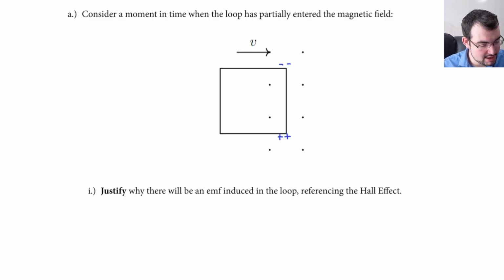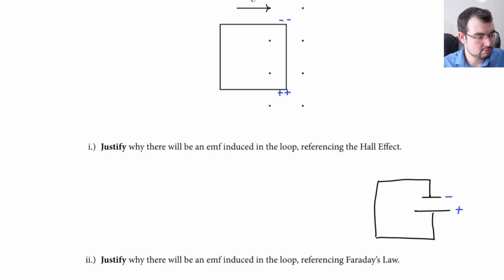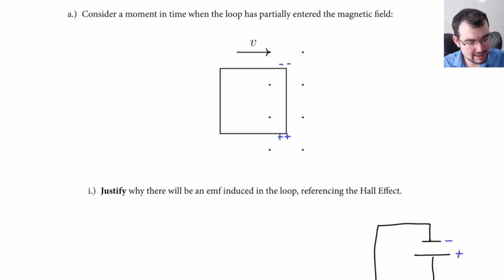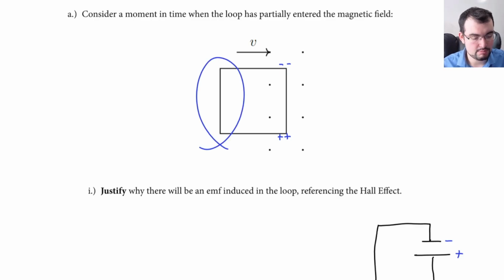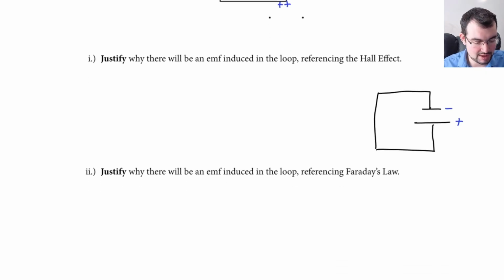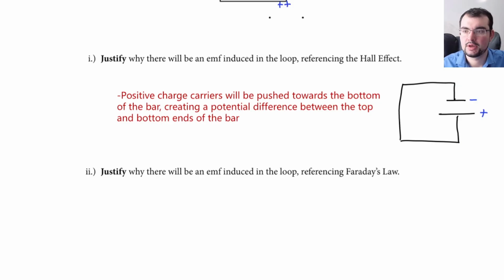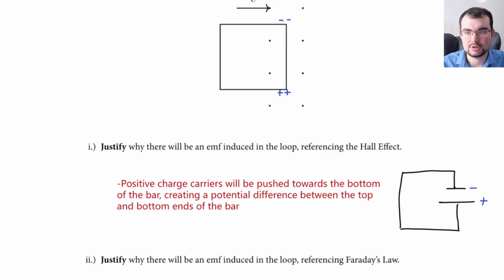This essentially creates a little mini battery, and again, it's only that side of the loop. There's no magnetic field on the left yet. So we only get a little mini battery on the right side. Positive charge carriers will be pushed towards the bottom of the bar, creating a potential difference.